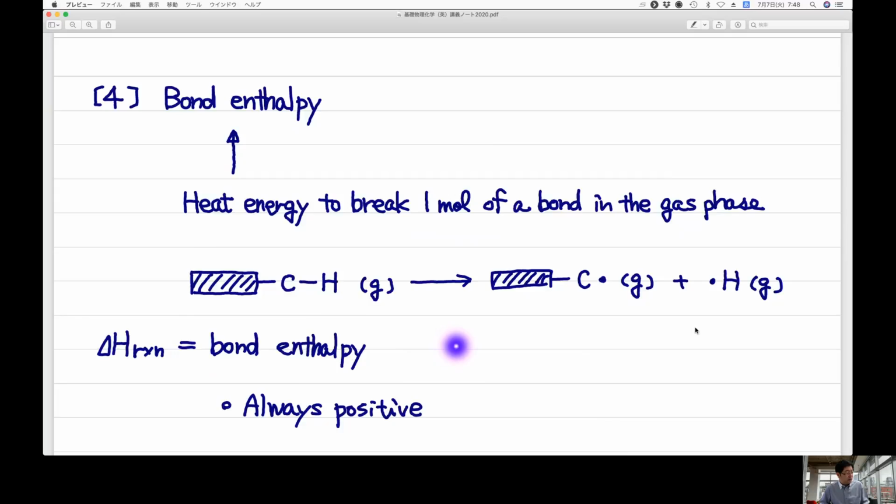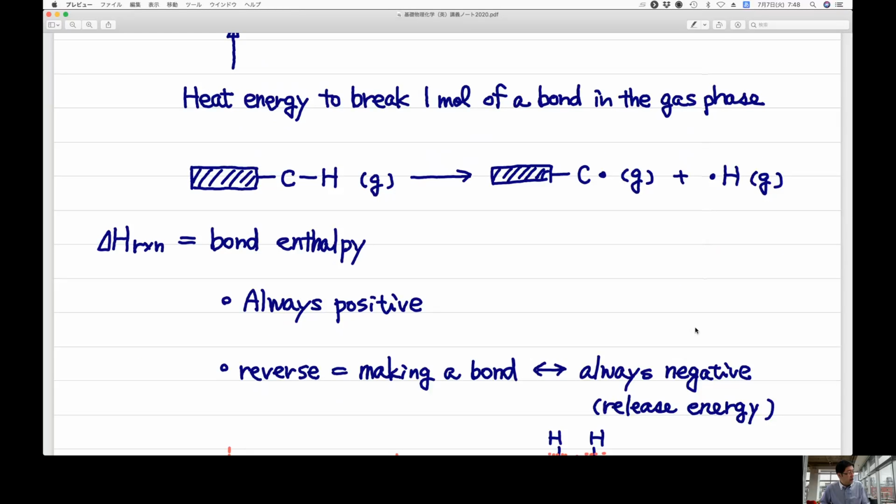The important thing is that bond enthalpy should always be positive, okay? Because this is stable, this is not stable, okay? This is a radical. This dot means the radical. H radical is an extremely unstable state.